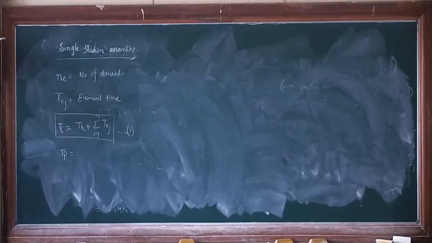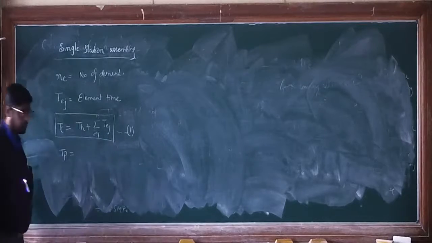M is the probability of the defect, and QI is the fraction defect of that particular part.